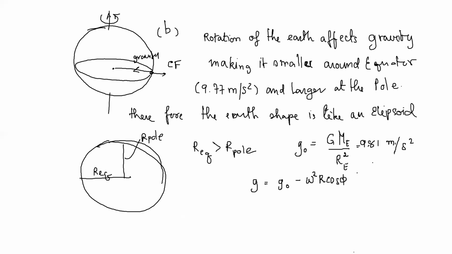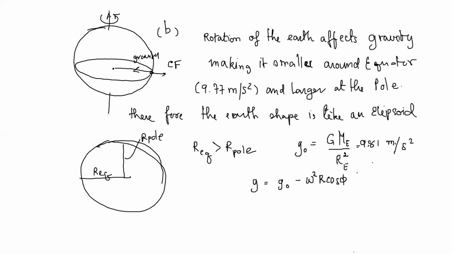You can find it by subtracting omega squared R, using omega is 7.27 times 10 to the minus 5 that we worked out a moment ago, and the radius of the Earth is 6.4 times 10 to the 6 meters. You will end up with a gravity at the equator of 9.77 meters per second squared.